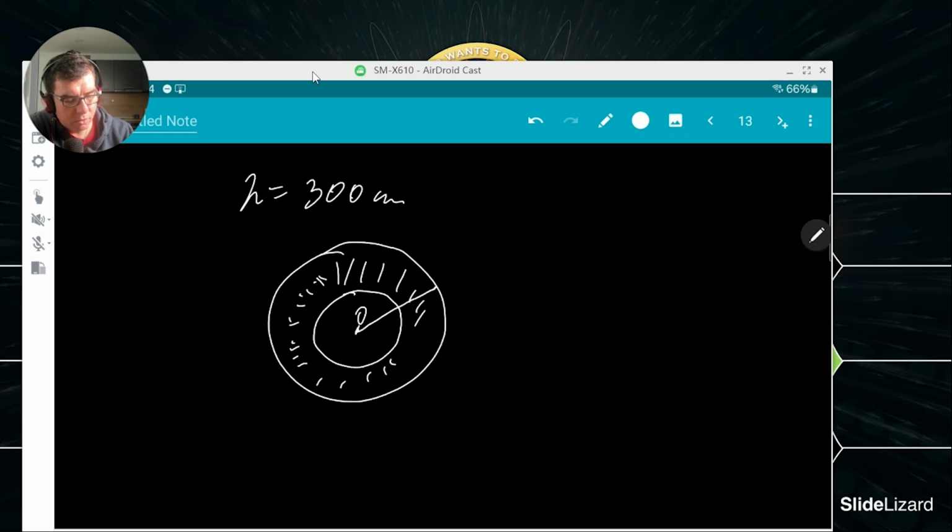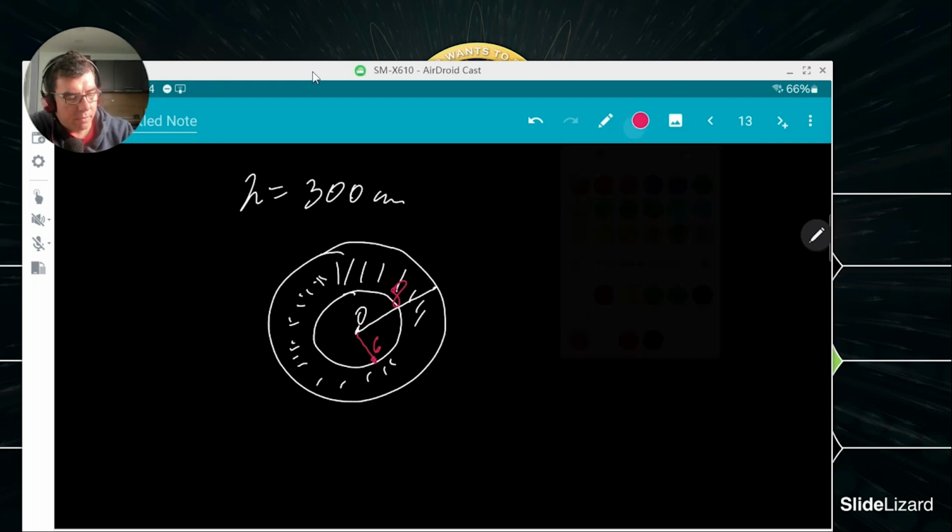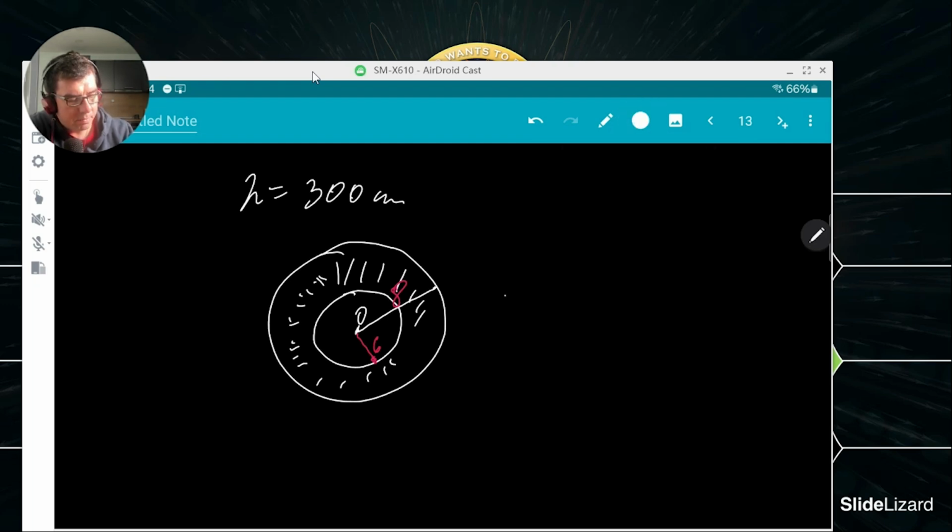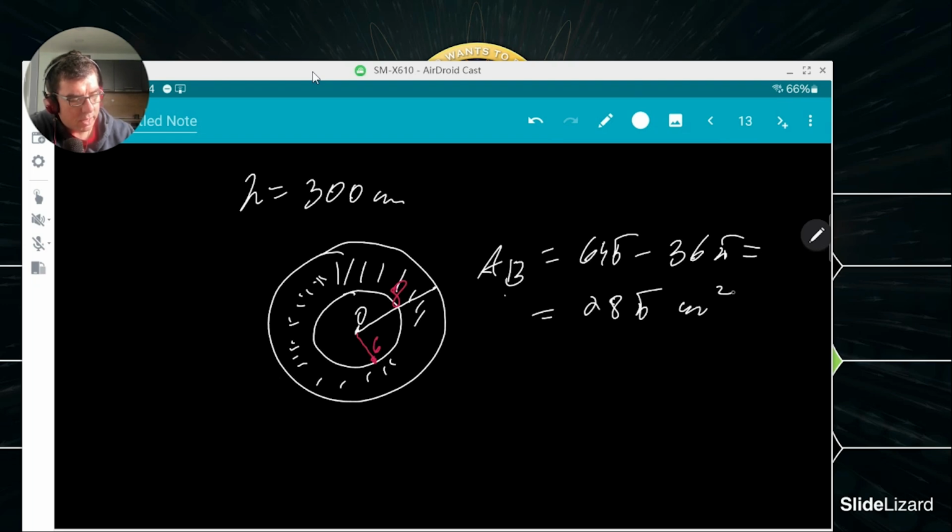This means this outer radius here is 8, and this inner radius here is 6, because the inner diameter is 12, and therefore the area of the base is simply the difference between the area of the outer circle minus the area of the inner circle. So 64 pi minus 36 pi, this is 28 pi centimeters squared.